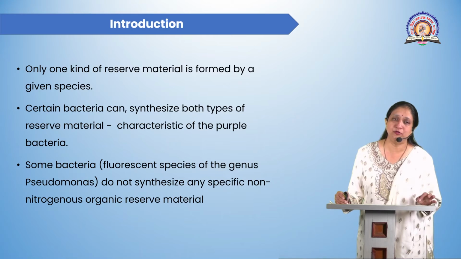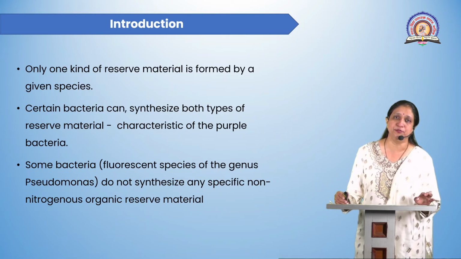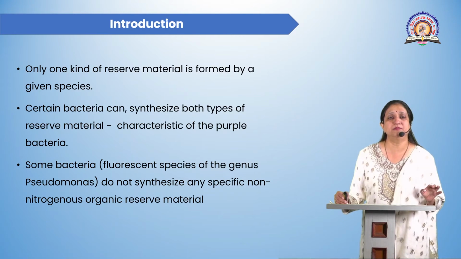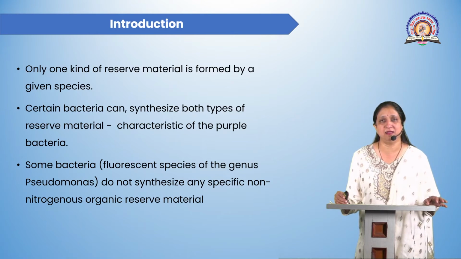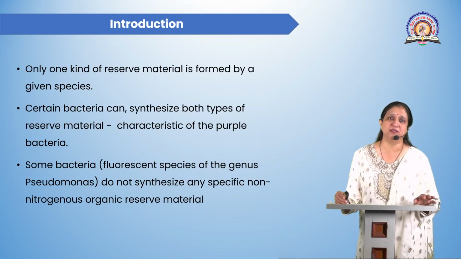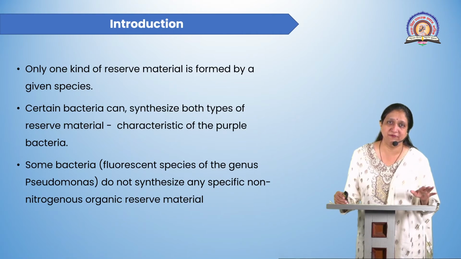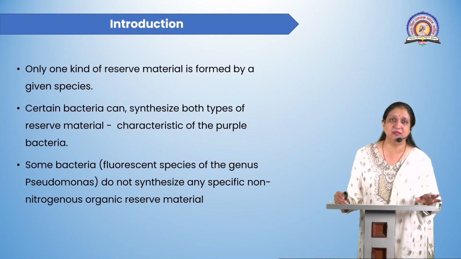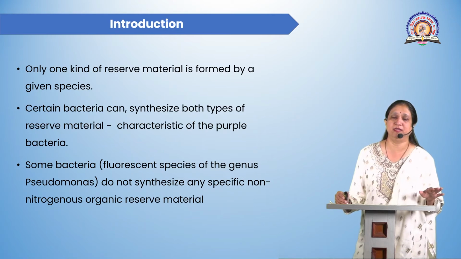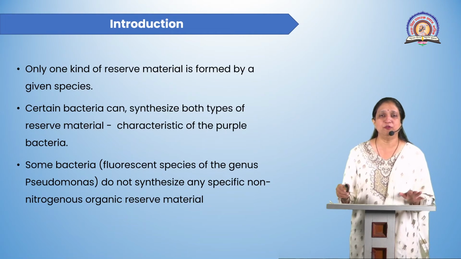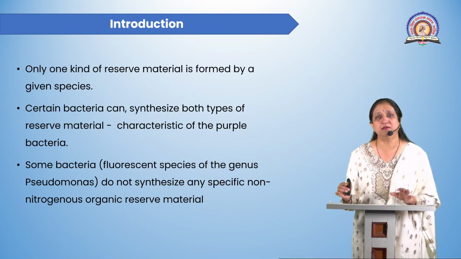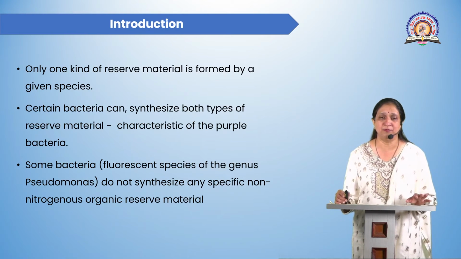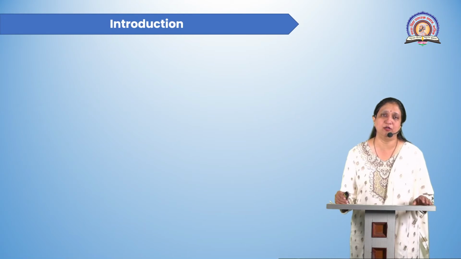The non-fluorescent Pseudomonas can produce non-nitrogenous organic materials as the reserve materials in the cell, but the fluorescent species cannot synthesize the non-nitrogenous organic reserves. So the fluorescent species can only produce the nitrogenous reserves in the cell.